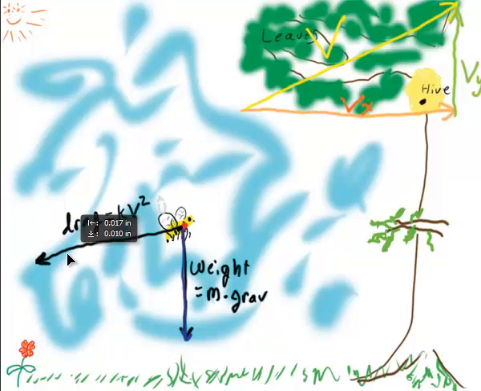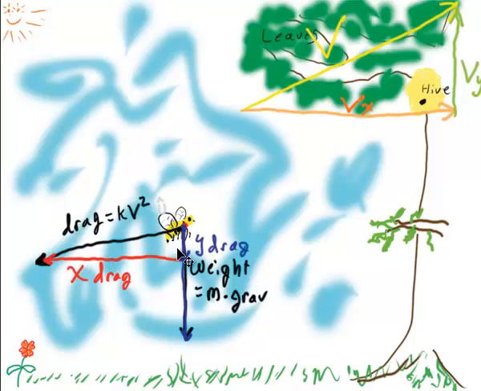Now the bee also has a drag force. That small little u with a caret on top just represents the direction, because none of these quantities really have a direction. So that's just a symbol that you might see, but nothing to worry about. And anyway, this drag vector can also have components.